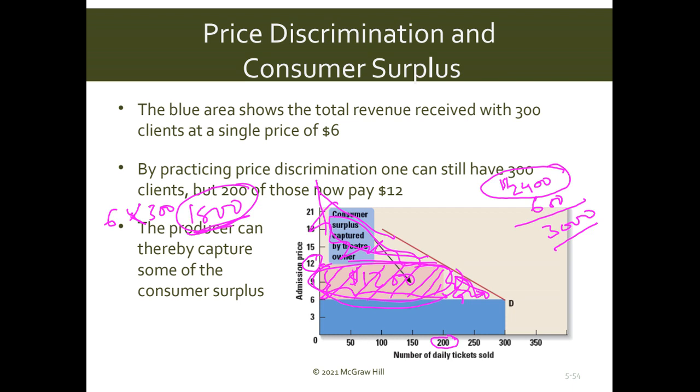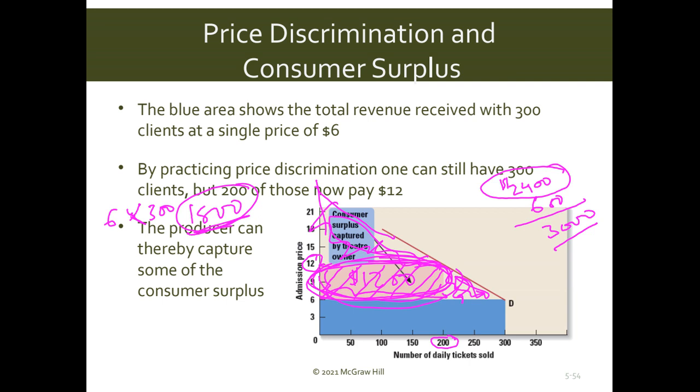Here, this monopolist is charging different prices for different groups of buyers, and they are basically capturing this consumer surplus, not the complete consumer surplus, but a portion of it.